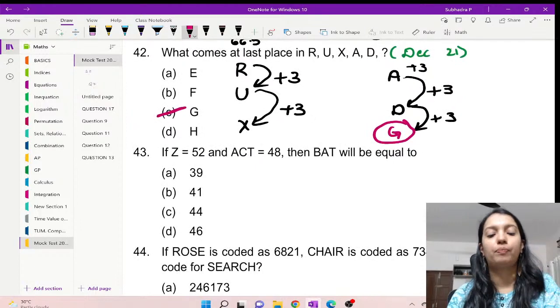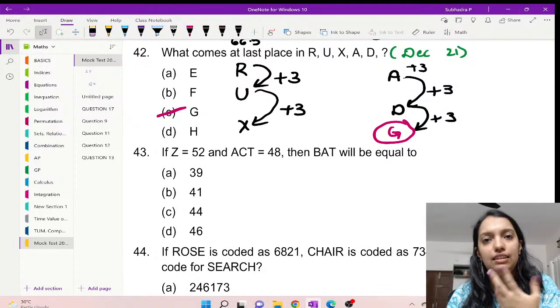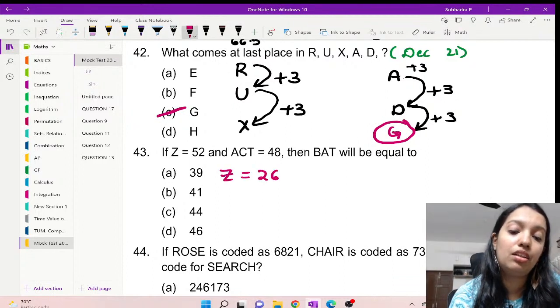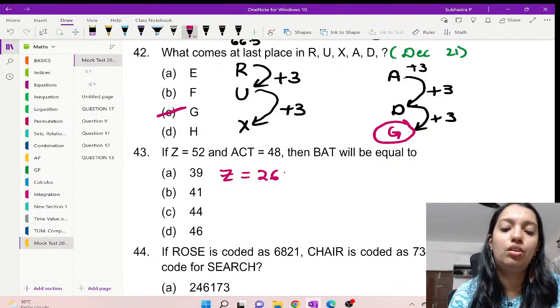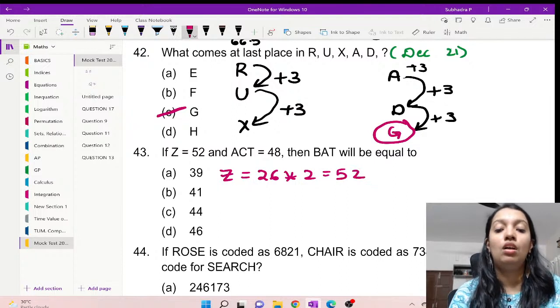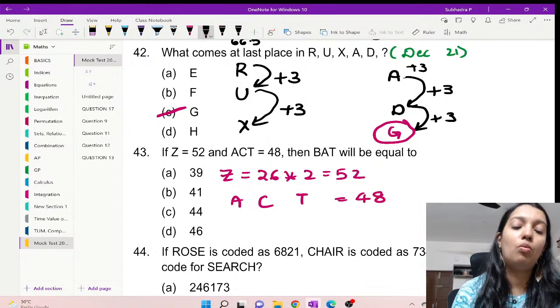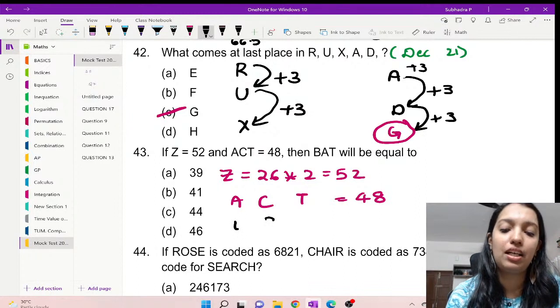43rd question. Z is equal to 52. I know that Z is equal to 26 from gematria chart. 26 has become 52. Multiply by 2. So now they have told CAT is 48. What is A in gematria chart? 1. What is C in gematria chart? 3.